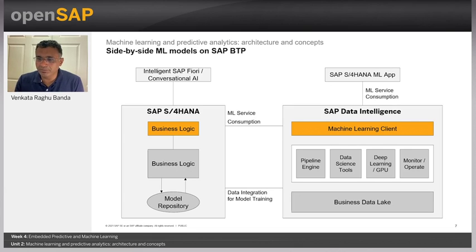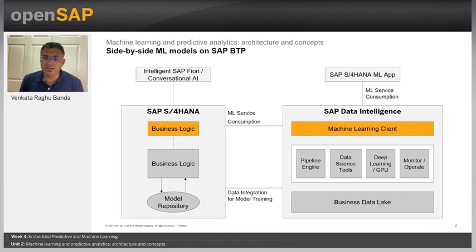And then you have the deep learning GPUs, and the monitoring and operating capabilities. You have the machine learning client sitting on top of that. This machine learning client is directly connected to your ISLM service on the SAP S4HANA side.